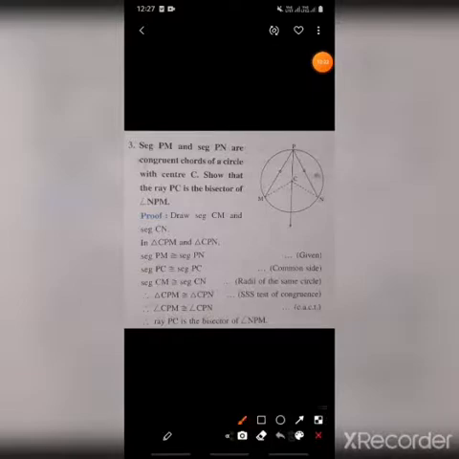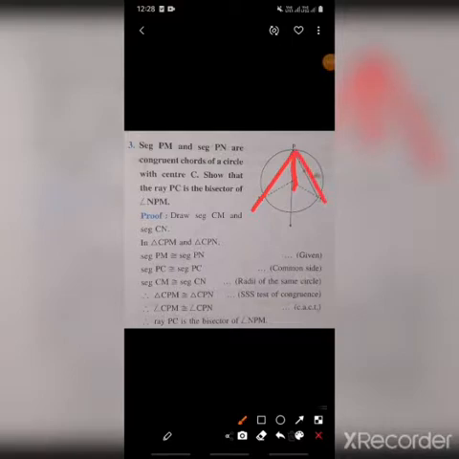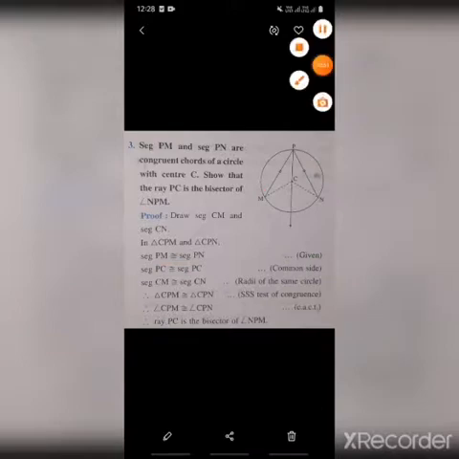So draw segments CM and CN. We have to draw CM and CN. Then triangles CPM and CPN. In those triangles, segments PM and PN are congruent, as given. How is it given?